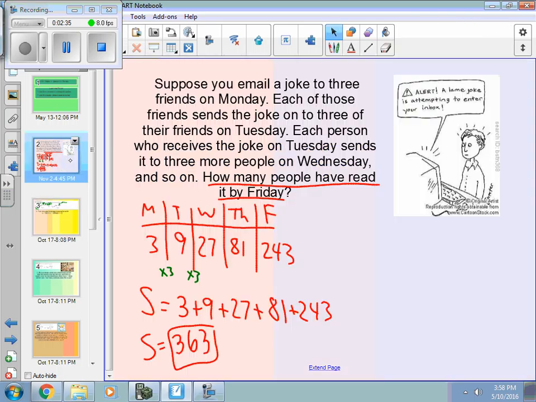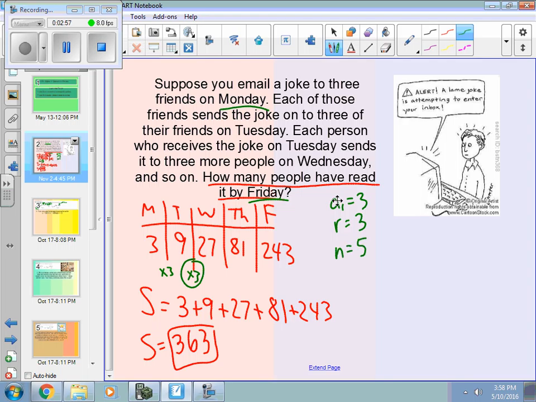We could do that last problem with one of these formulas. So if we take the information we know, such as the first term, there are 3 people that know it. Each time it's multiplying by 3, so our common ratio was 3. And from Monday to Friday, that means 5 days.